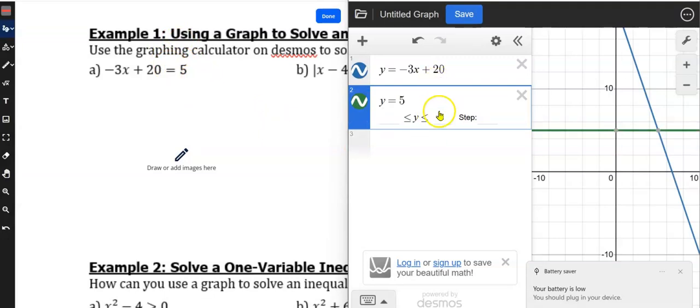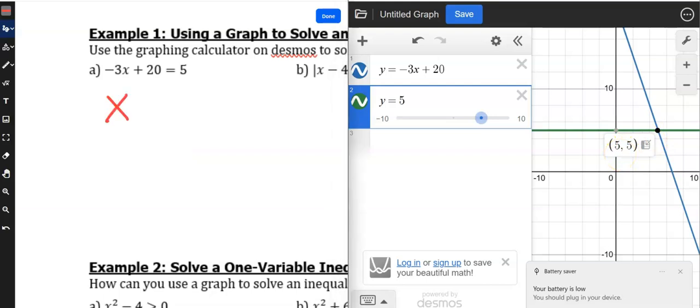You can see one is a horizontal line and one is not. But we can find out that the intersection point between them is at 5, 5. So the x value is the solution to the equation: x equals 5. Now, that was pretty doggone simple to use Desmos to do that.